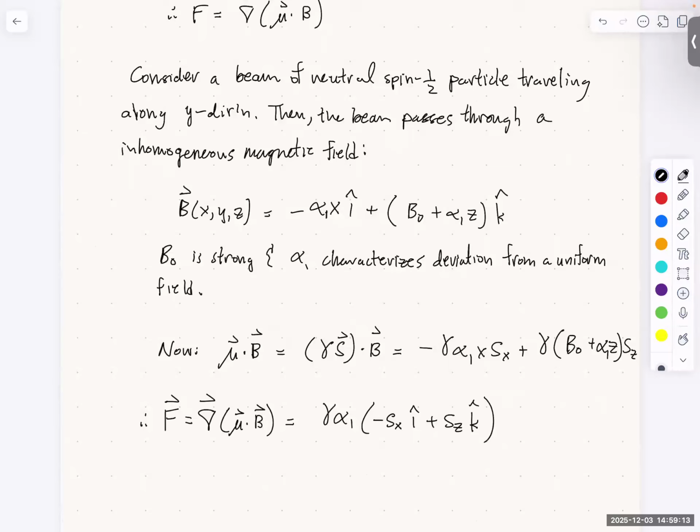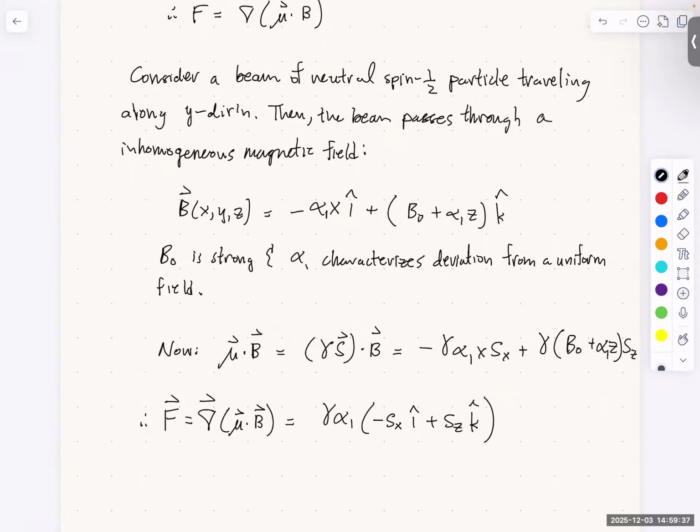Now, we've already discussed that if we put a spin in a magnetic field, it'll start precessing around that magnetic field. So if our field is predominantly in the z direction, all of these spins are precessing about the z-axis.